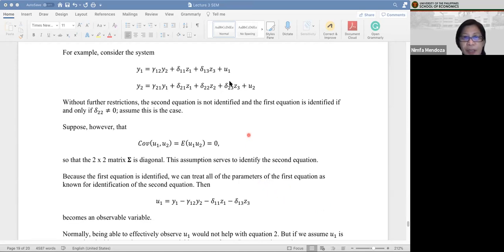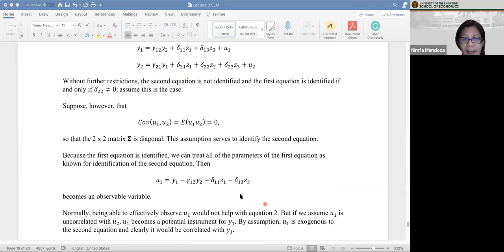Because the first equation is identified, we can treat all the parameters of the first equation as known for identification of the second equation. So we can rewrite u sub 1 as y sub 1 minus gamma sub 1 2 y sub 2 minus delta sub 1 1 c sub 1 minus delta sub 1 3 c sub 3.